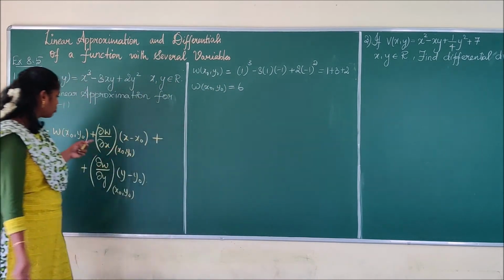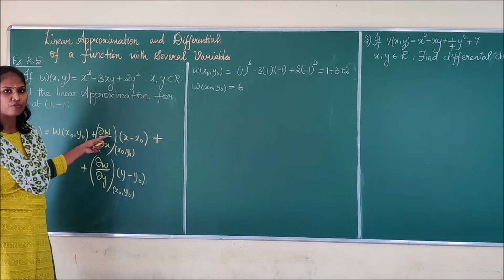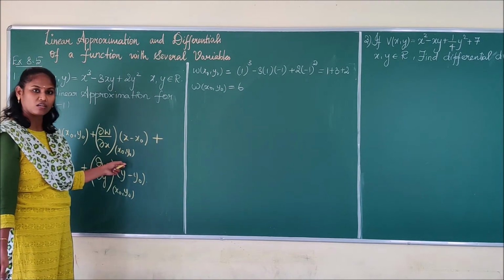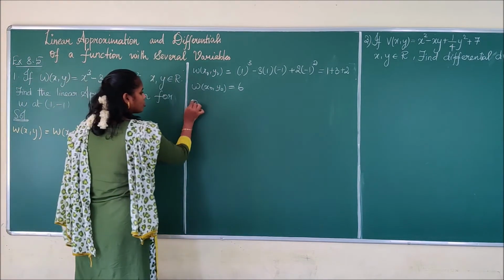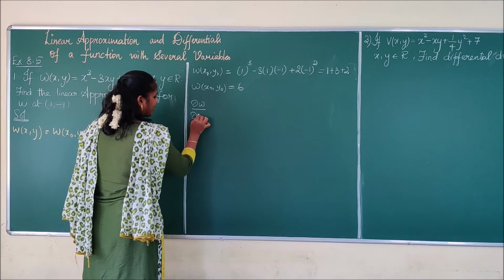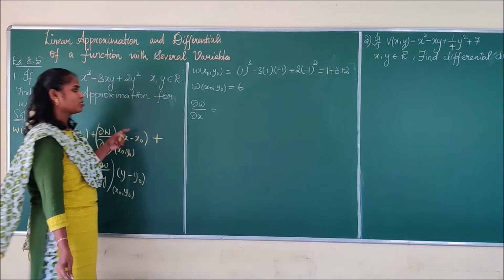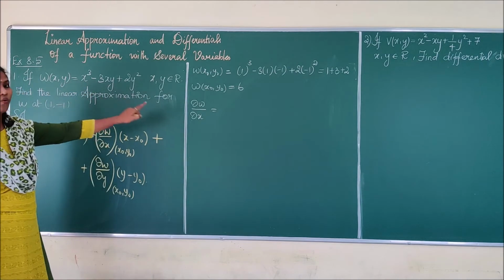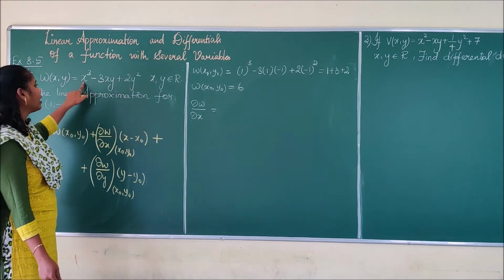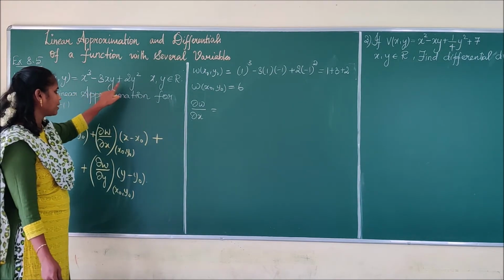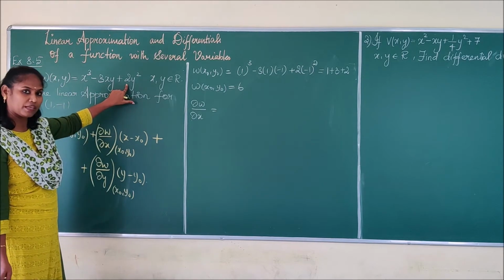Next what I am going to do is I am just going to find the value of dou W by dou x at x naught comma y naught. Okay. So dou W by dou x. So that is, I am going to differentiate my W with respect to x partial. Okay. So here I have x, here also I have x, but I don't have x here. So this term will become 0.